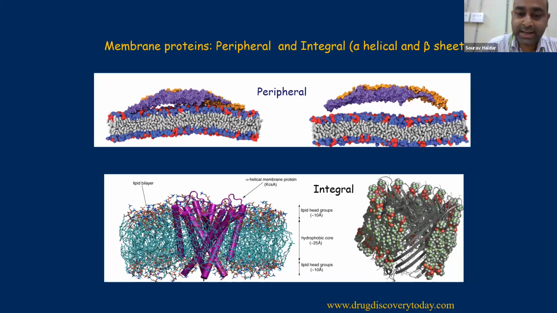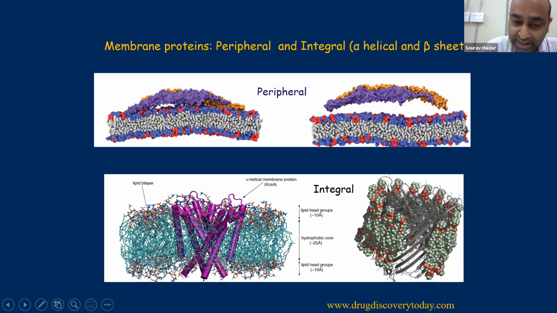Now, as I mentioned earlier in the introduction of the fluid mosaic model, the Singer-Nicolson model also distinguishes between two different kinds of membrane proteins. One is called a peripheral membrane protein, which is basically associated with only one leaflet of the membrane, and most of the time it can be very easily separated from the membrane by simply changing the salt concentration or other buffer conditions. The other kind, which is more important, is the integral membrane protein.